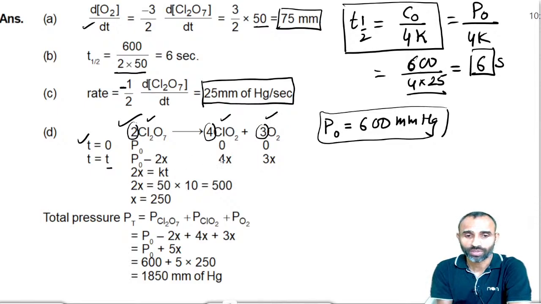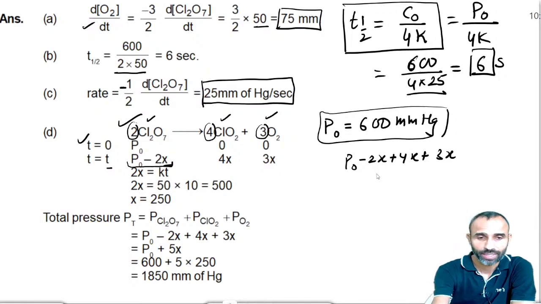In this way, total pressure comes out to be P naught minus 2x plus 4x plus 3x.